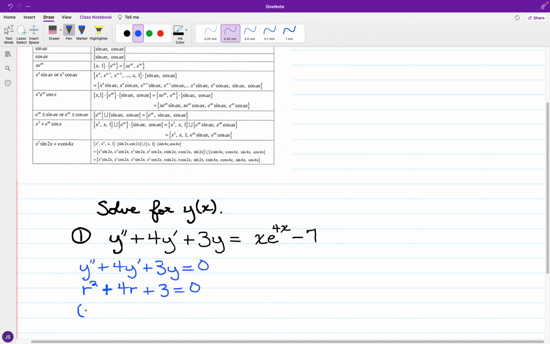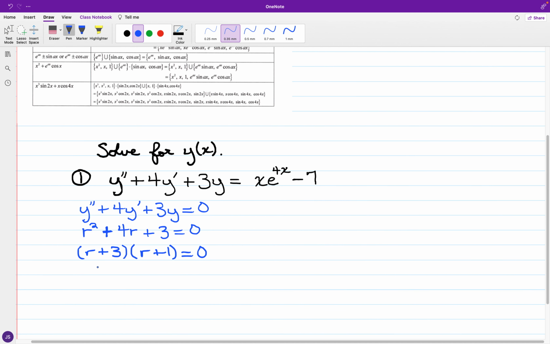And looking at factoring, we have the quantity r plus 3 times r plus 1 is equal to 0. And it does not matter how you order the roots. But if you have r plus 3, let this be the source from which we get our first root.